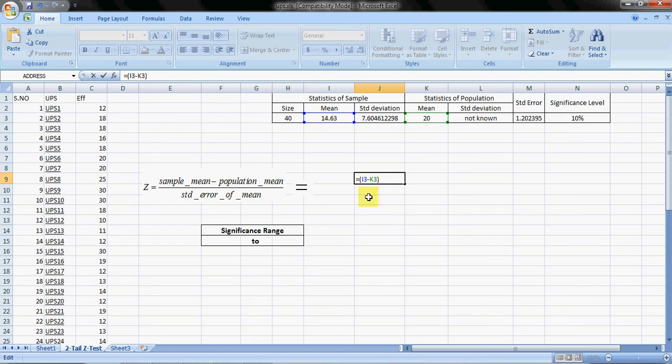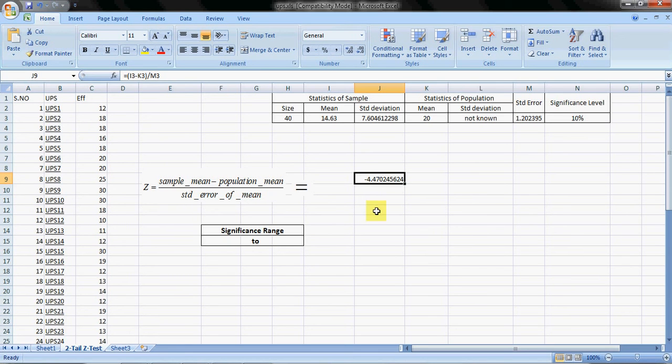So what you can do is initially open two brackets, and inside it have the formula of mean of sample minus mean of population, so you cannot get such error messages. Divided by the standard error of the mean. The standard error of the mean we have computed over here, that is the M3 column. You have to click on M3 here and you get the formula. This is your Z-test value.